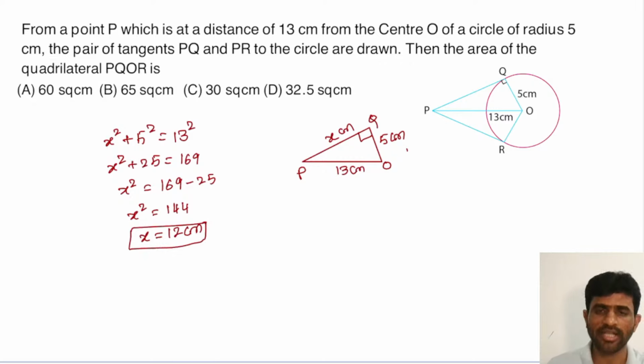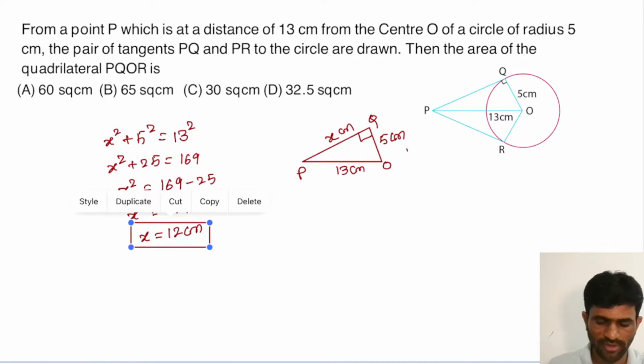Now in a right angle triangle, what is the area of a triangle? In any right angle triangle, the area of a triangle is half into base into height. So now here this is base and this is height.